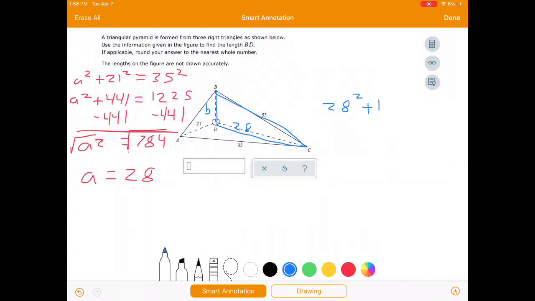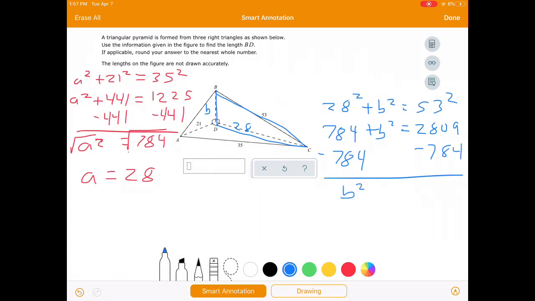So 28 squared plus b squared equals 53 squared. We already know 28 squared is 784. All right, so that's why it was kind of useful to just leave it as a square root, but no big deal. All right, we get 2,809 for 53 squared, and we go ahead and subtract that 784, just following our rules for algebra.